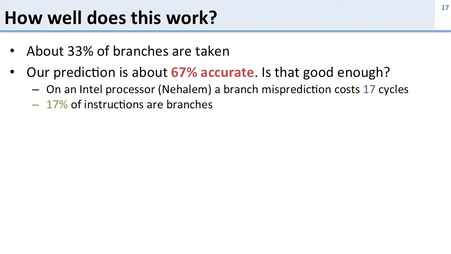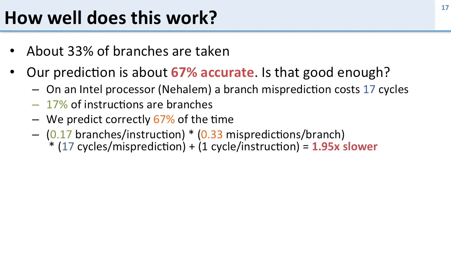Now, we saw earlier that 17% of instructions are branches, and now let's work out what the cost here is. So we're predicting correctly 67% of the time for 17% of instructions that are branches, and every time we predict incorrectly, it costs us 17 cycles.